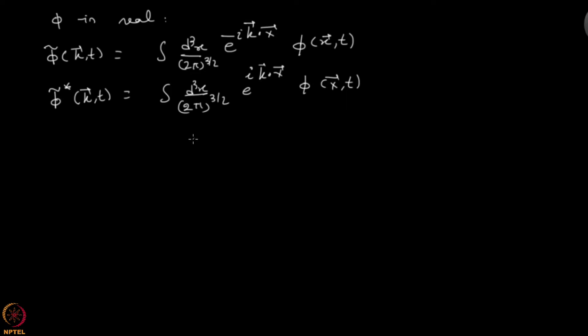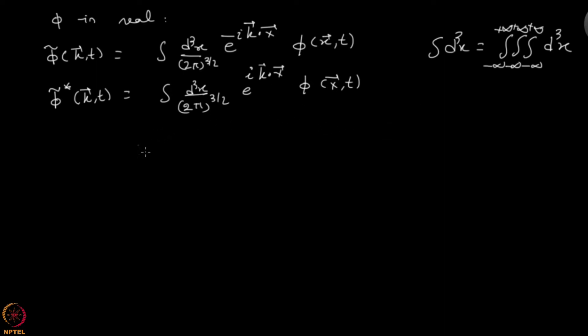Now x is a dummy variable. So x is being integrated over, and remember, when I'm writing d cube x, what I really mean is a shorthand notation, but the full thing is this. The lower limit is minus infinity and the upper limit is plus infinity.